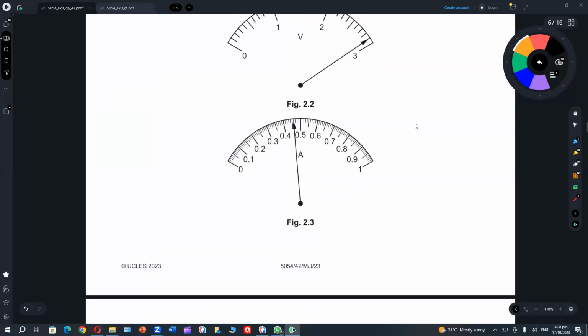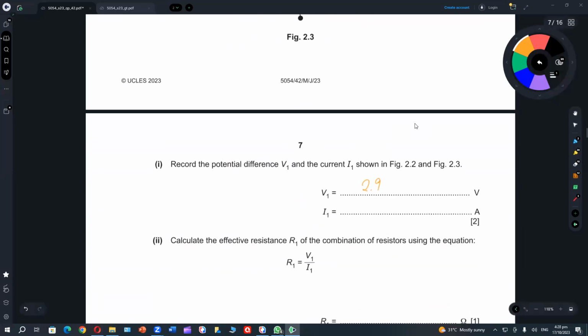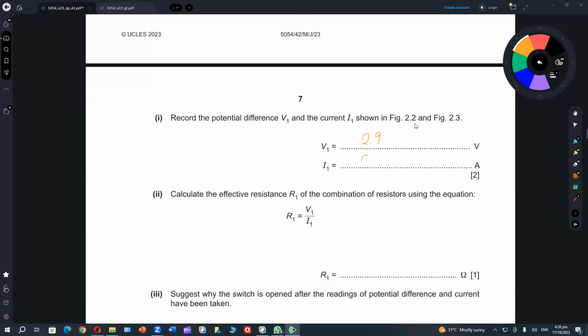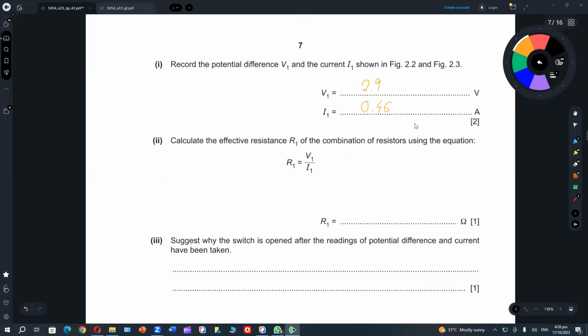But you have to be careful, it's 0.4, 0.5, 0.45, 0.46. It's coming 0.46. Yes.